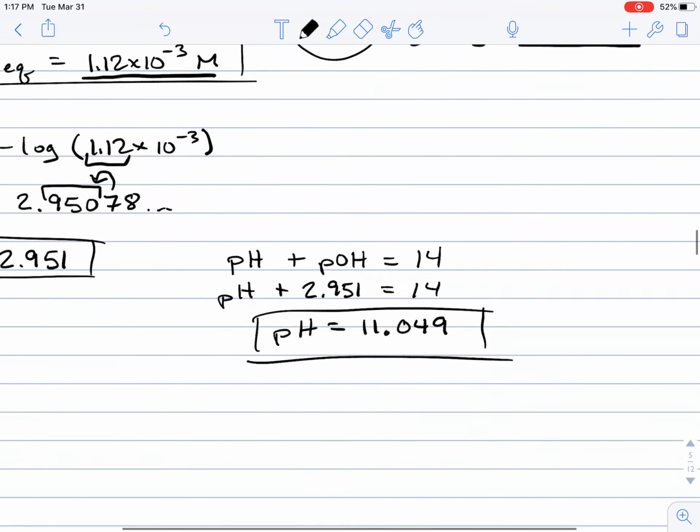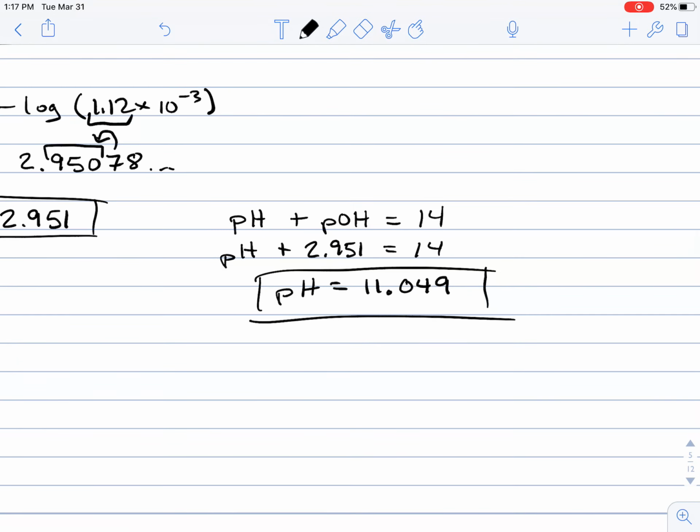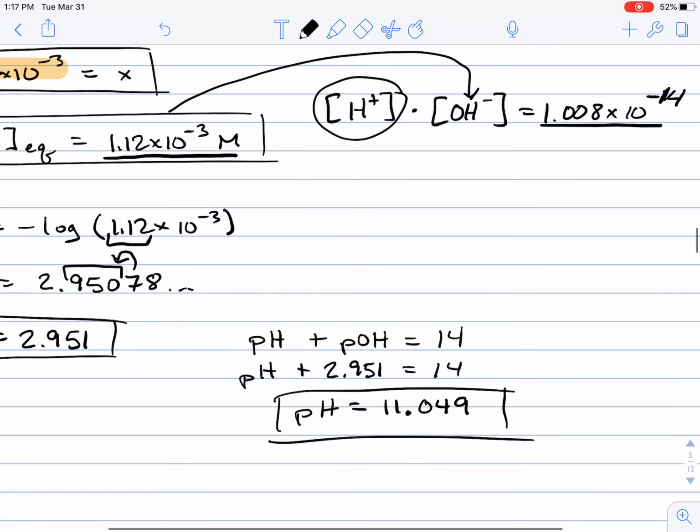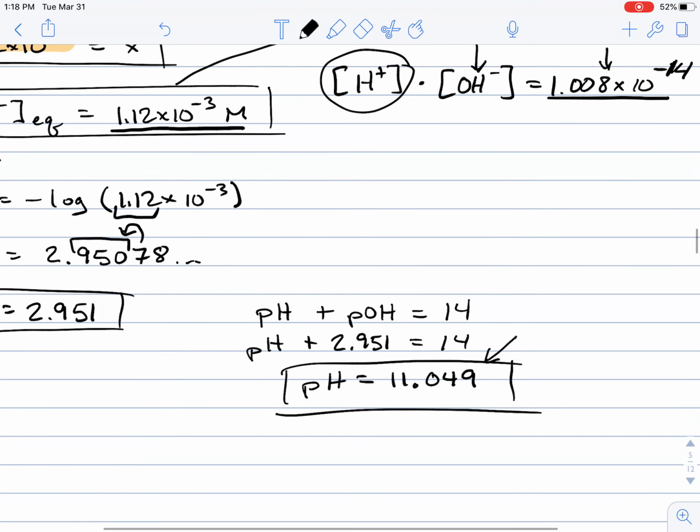If you took this route, you might not get the same exact answer that we got here. However, it should be very similar. The reason is because of this last significant digit, this 1.008. But it should be very, very similar to what we got here.